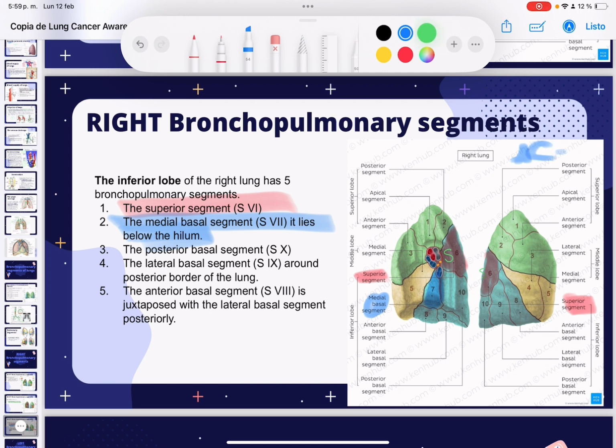The posterior basal segment is 10. The lateral basal segment is 9.